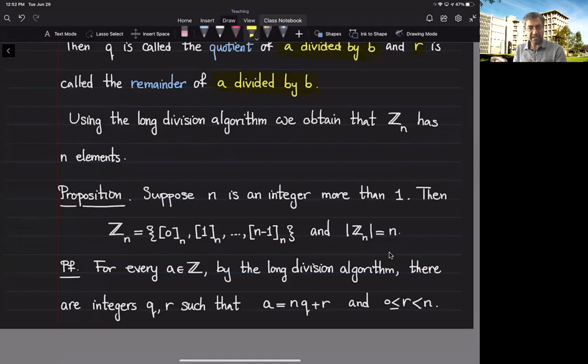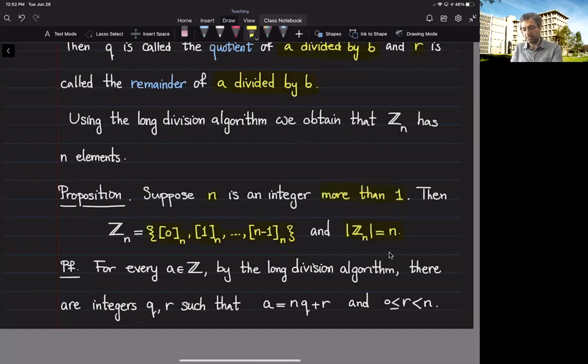And all the elements of this set are the mod n residue class of 0, the mod n residue class of 1, up to the mod n residue class of n minus 1, and all these residue classes are distinct, and therefore integers modulo n have exactly n elements. Here I'm assuming that n is an integer which is more than 1.